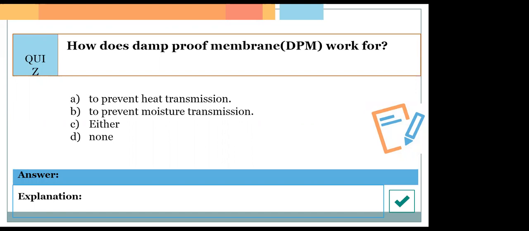Do you know what a DPM is? It's a kind of insulation. Do you know what it could probably be used for? The foundations, damp-proof membranes. What is it used for?